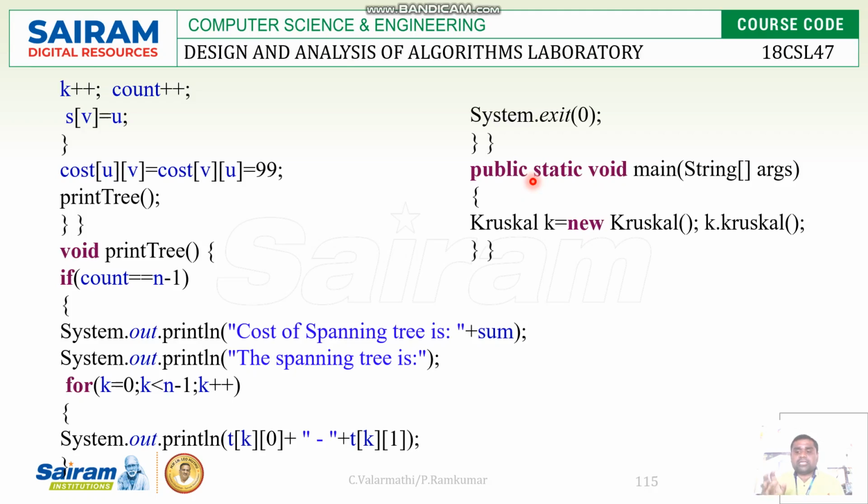Every edge value will be added with another value, then it will be used to compute the total cost of the given graph. Then in public static void main, we are calling that function: Kruskal k equal to new Kruskal, and k dot Kruskal means the function we already defined, so the value will be displayed here.